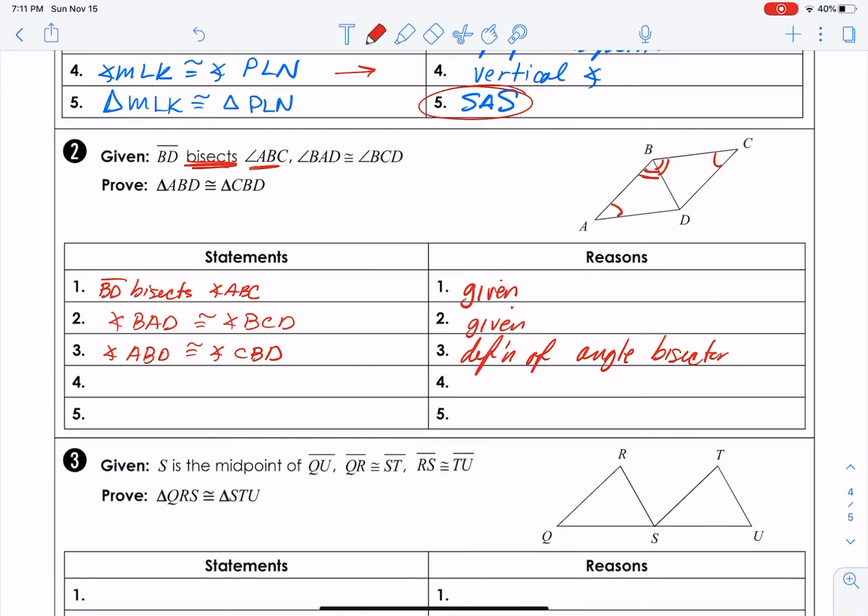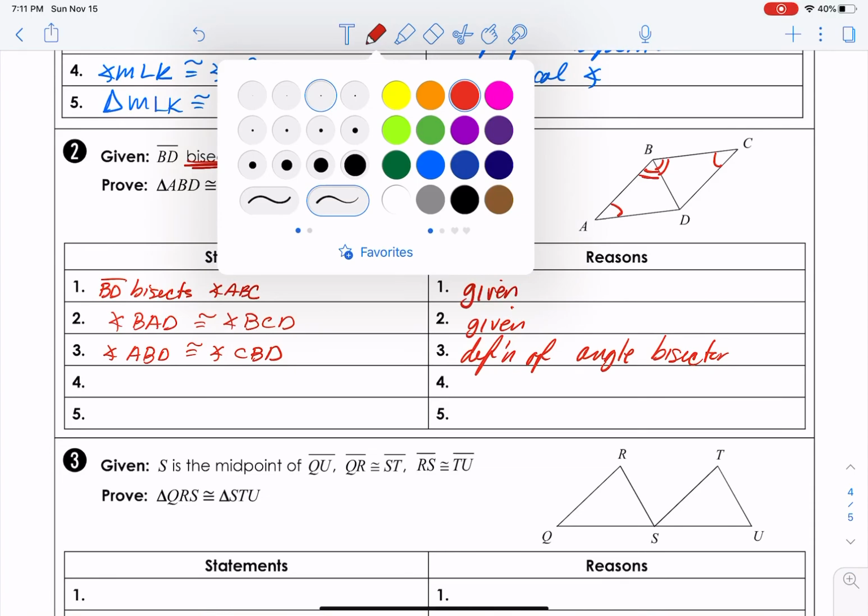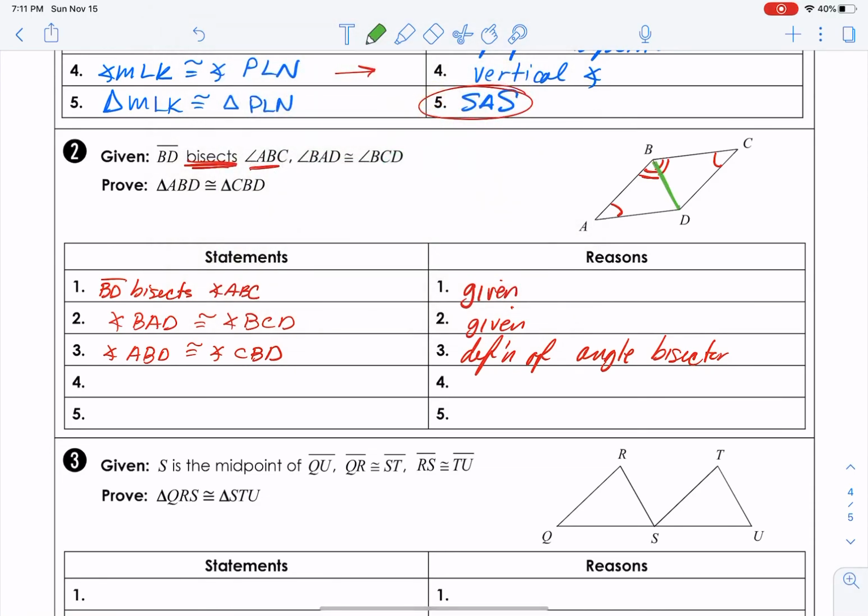Now, looking at my picture, I see a common side. That means that that side is congruent. So I can say that BD is congruent to BD because of the reflexive property. So now when I look at my picture, I have angle, angle, side.